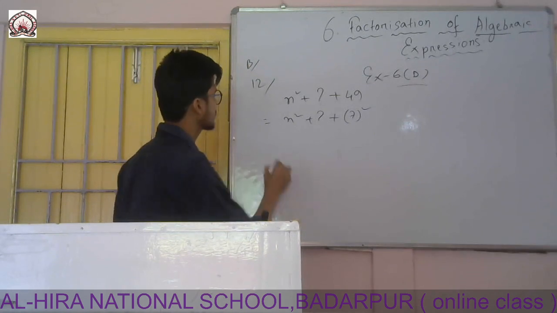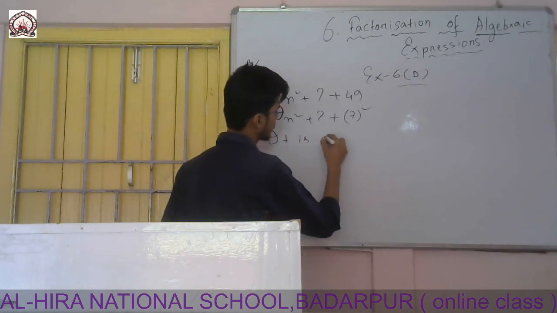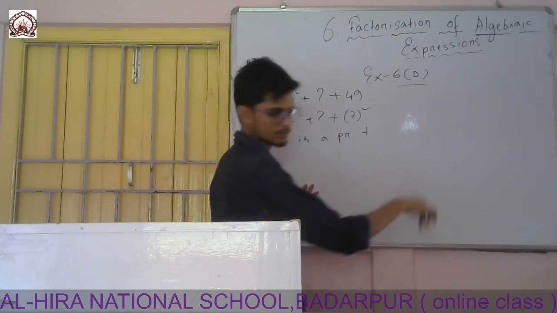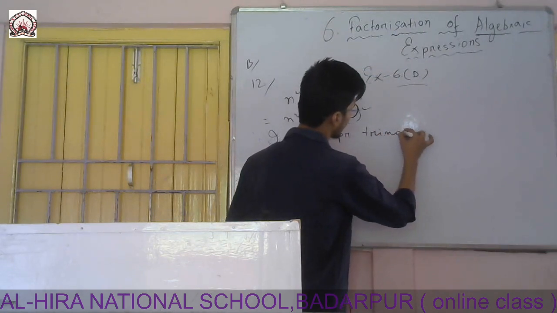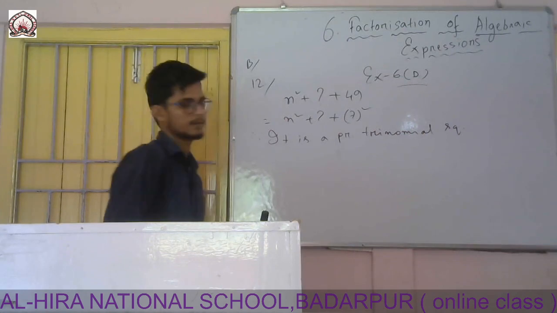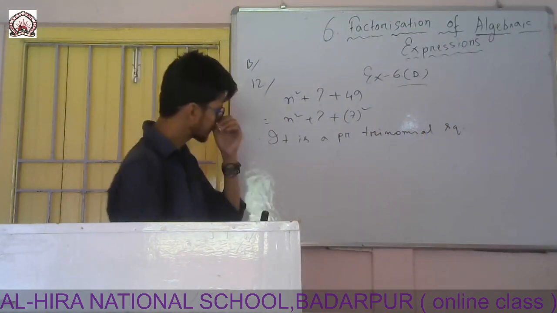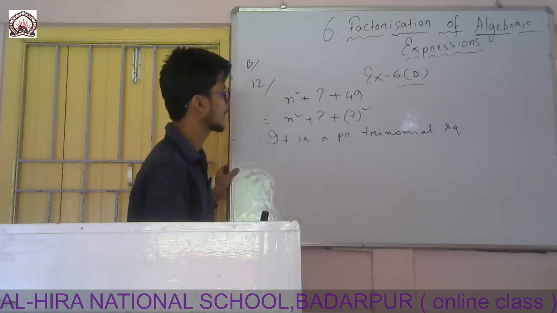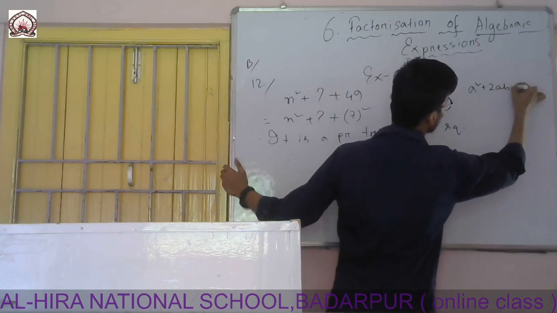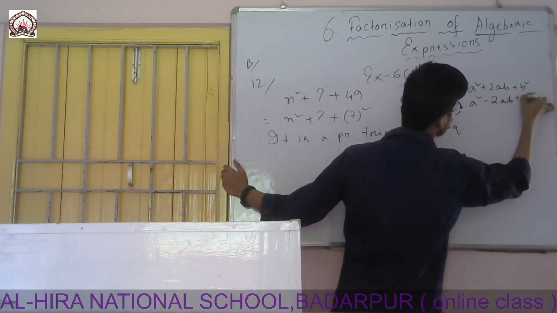So let me write, since it is a perfect trinomial square, I have to imagine that it is a perfect trinomial square. To be a perfect trinomial square, it should follow these formulas: a square plus twice ab plus b square, or a square minus 2ab plus b square.